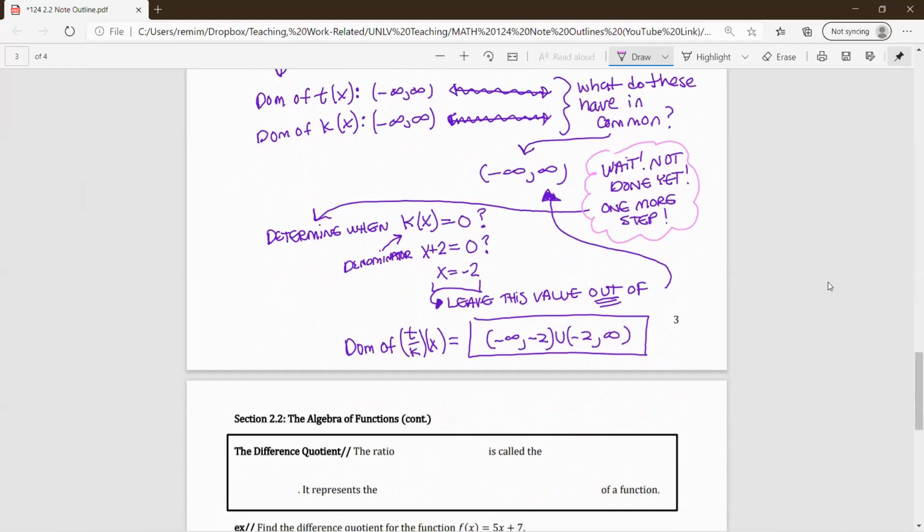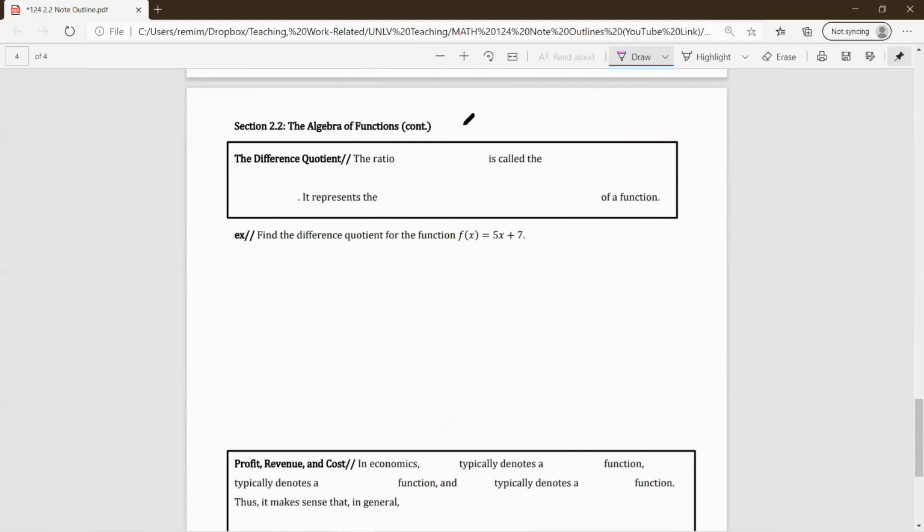All right, so now let's go on to the last page. The top of page 3 is an extremely important part of this course. One of the most important parts of this course is domain. That's why I try to stress it a lot.